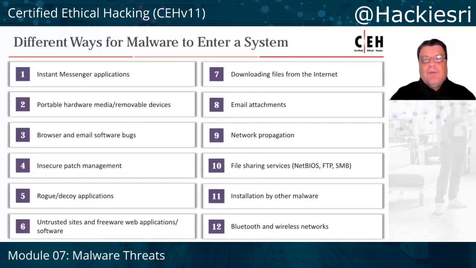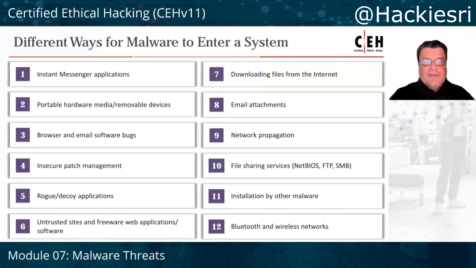Different ways for malware to ingress or enter a system. There are instant messenger applications, portable hardware media removable devices, browsers and email software bugs, insecure patch management, rogue decoy applications, untrusted sites and freeware web applications and software, downloading files from the internet, email attachments, network propagation, file sharing services like NetBIOS, FTP, SMB, installation by other malware, and Bluetooth and wireless networks.